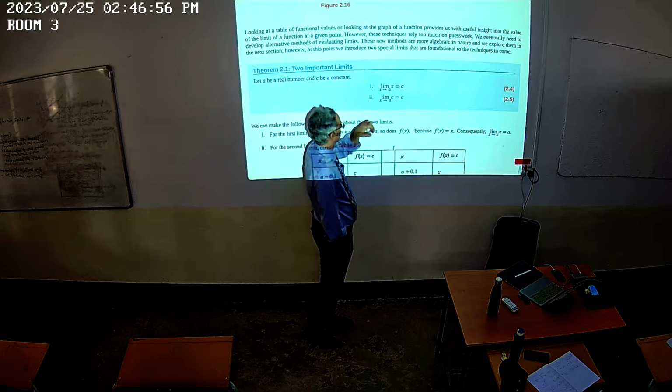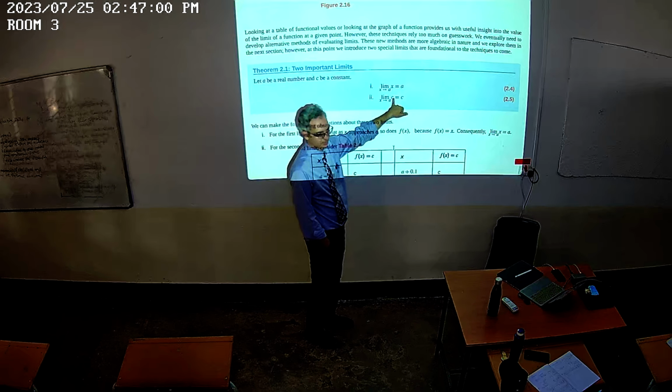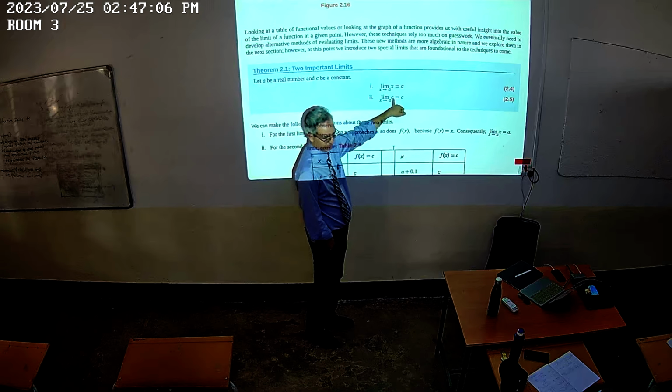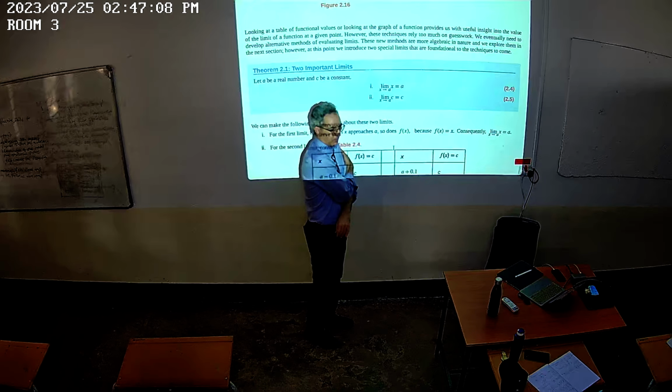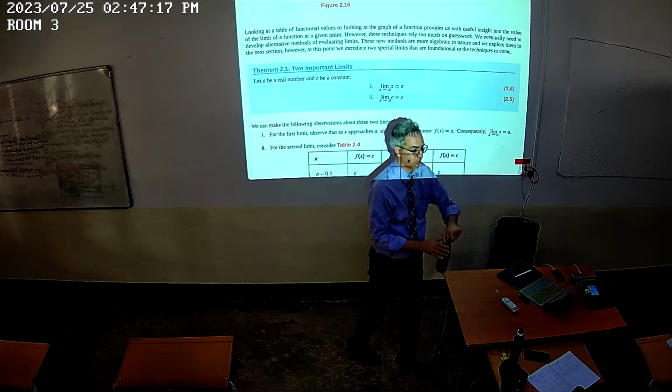In this second case, my function is a constant. You know what the graph looks like. f of x is a constant. What does that look like? It would be a straight flat line.